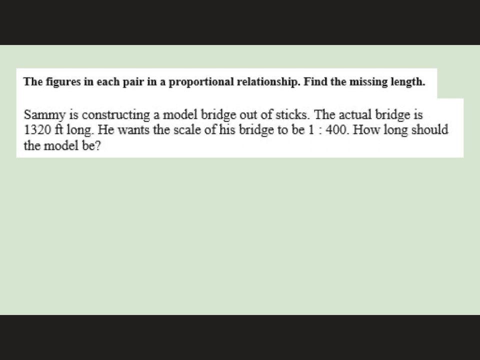All right, here's another situation we have. Using scale drawings is a lot like a direct variation because you should know that the ratio remains the same. So if we're using the equation y equals kx, they're telling us that the ratio is 1 to 400.